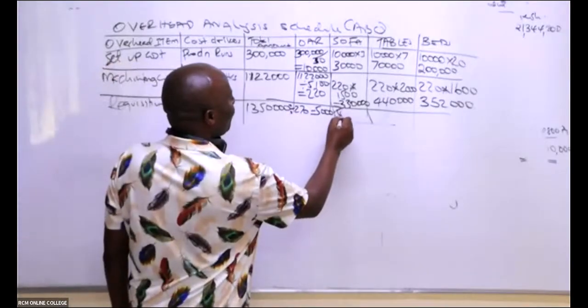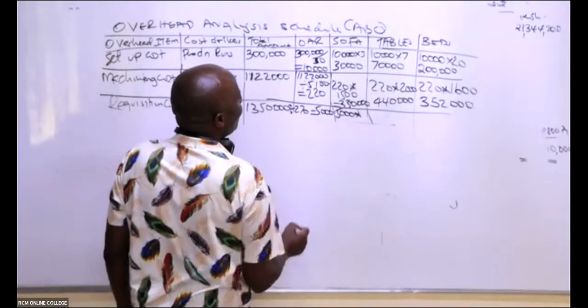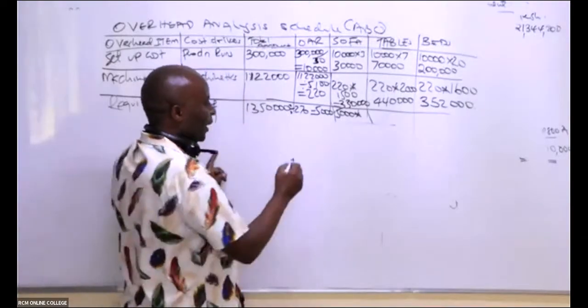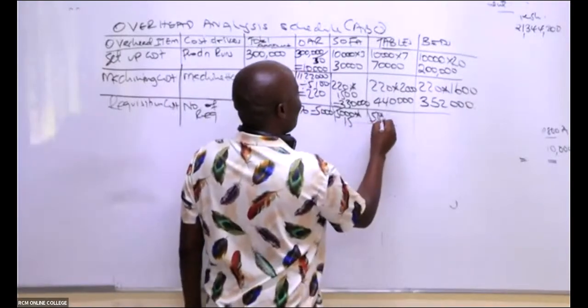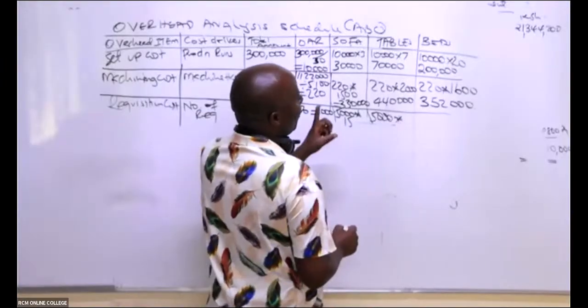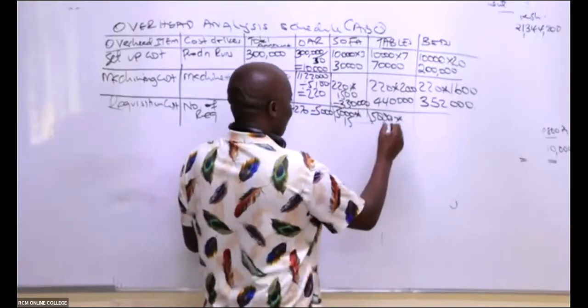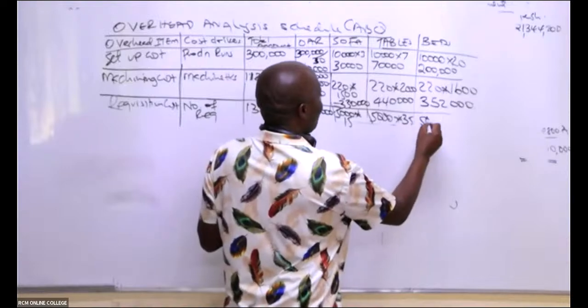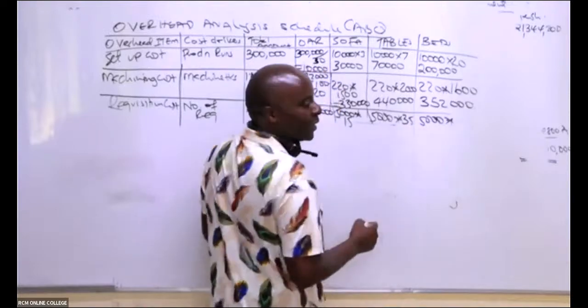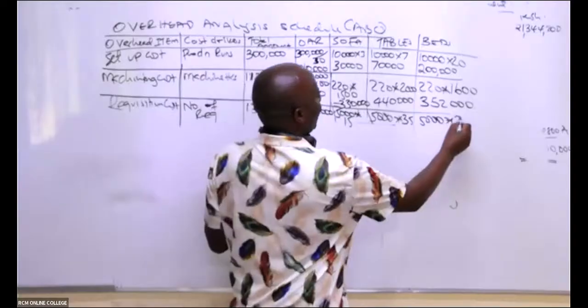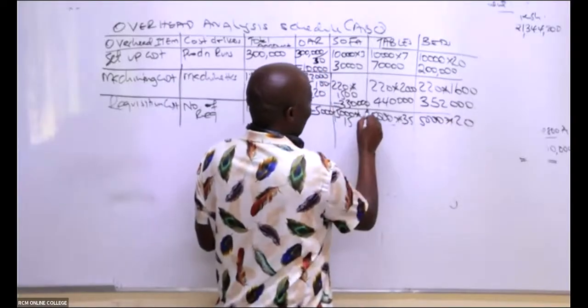So now this will be 5,000 times how many requisitions for the sofas? 15. This will be 5,000 times how many for tables? 35. This will be 5,000 times how many for beds? 20. Thank you. So please give me these values.